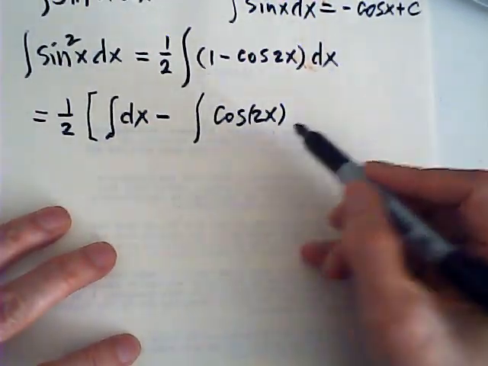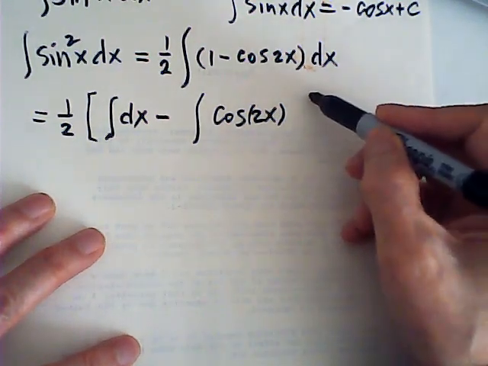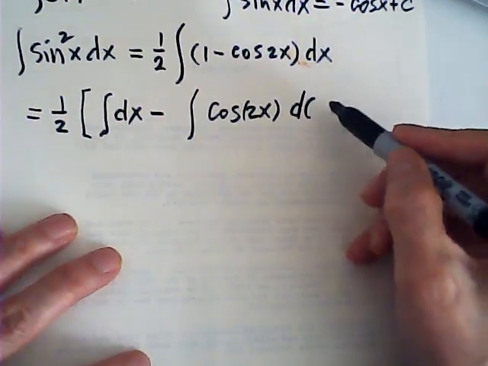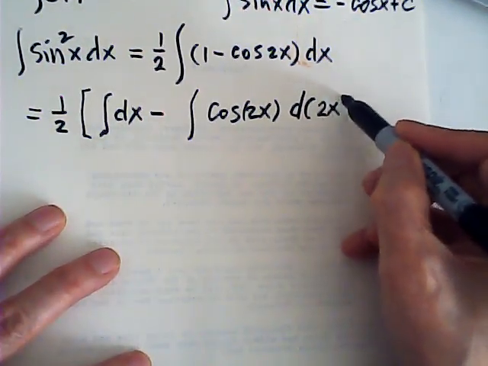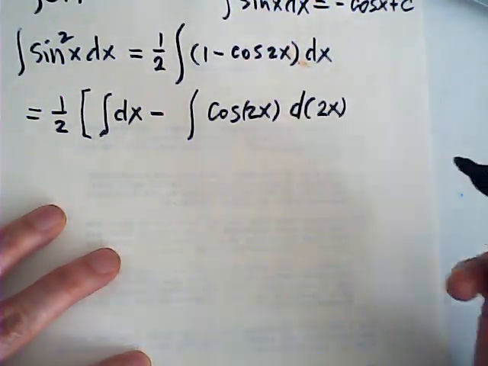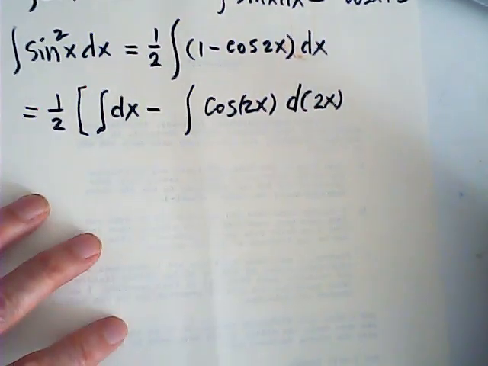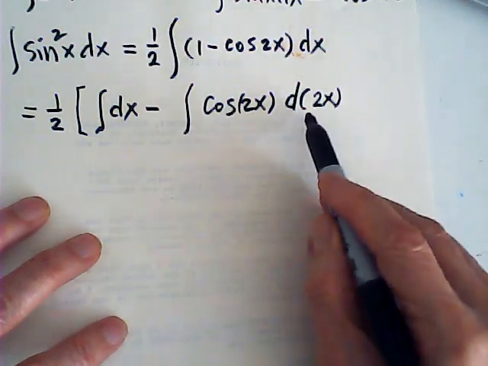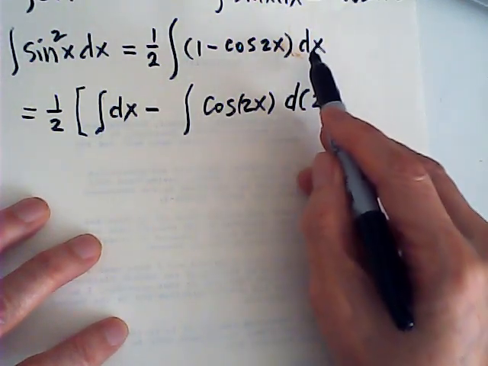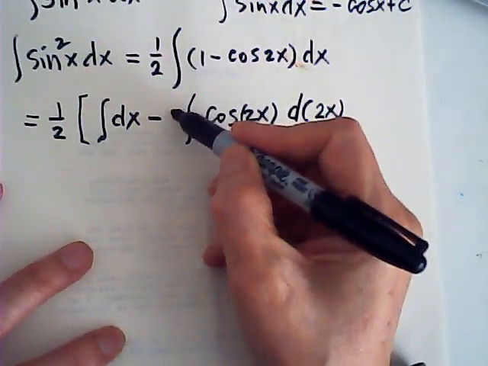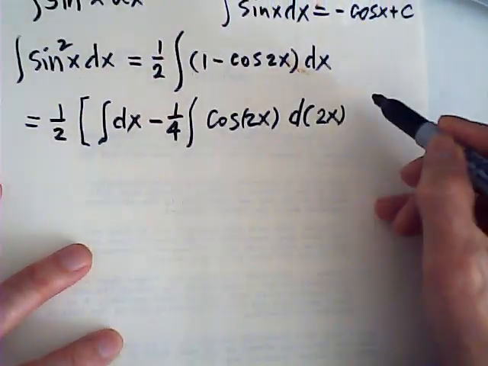Here I absorb this 2x into one variable, changing the dx into d2x, then this becomes purely a cosine function. But this one is a 2dx. We have only one dx, so you multiply by half again. So this becomes 1/4.